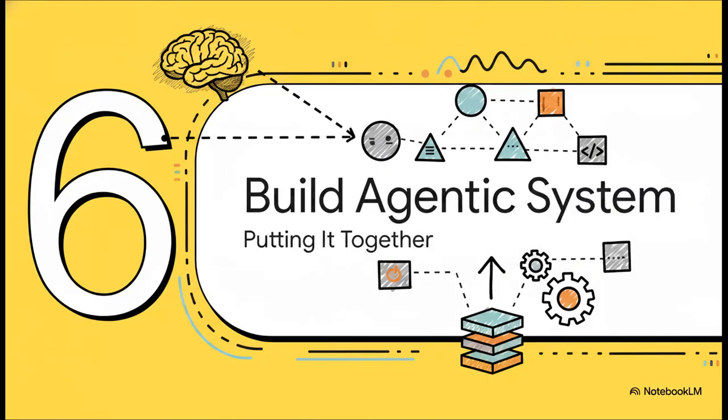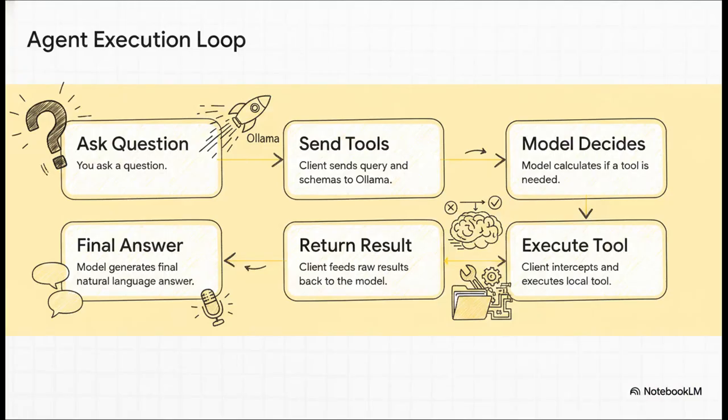Finally, Section 6, building your agentic system. Let's bring all this theoretical architecture and model data together into one final execution loop. It's actually a beautiful self-contained cycle. Step 1, you ask a question. Step 2, the middleware client sends your question along with those heavily optimized tool schemas over to Ollama.